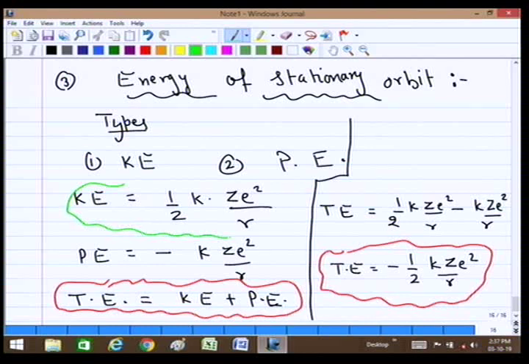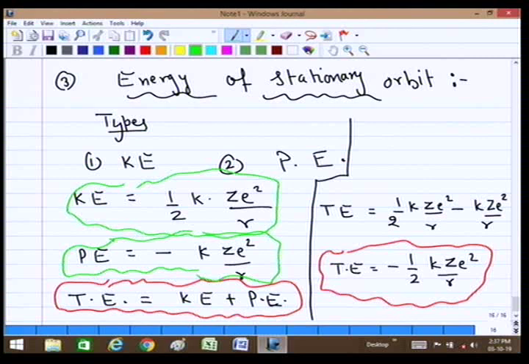Remember these formulas. Copy, please. One minute, then let's move on.